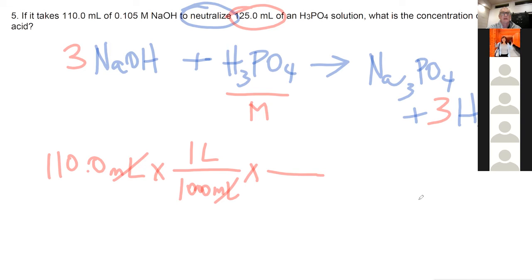So now I have liters of sodium hydroxide. What next? 0.105 moles sodium hydroxide over 1 liter of sodium hydroxide. Okay, that gets rid of my liters. Now I have moles of sodium hydroxide.